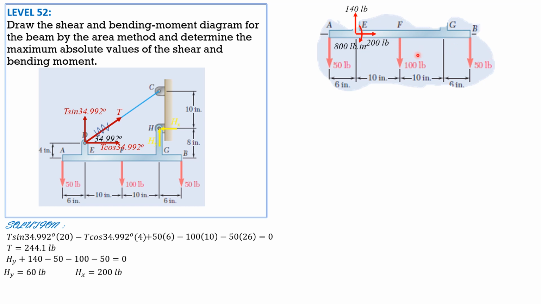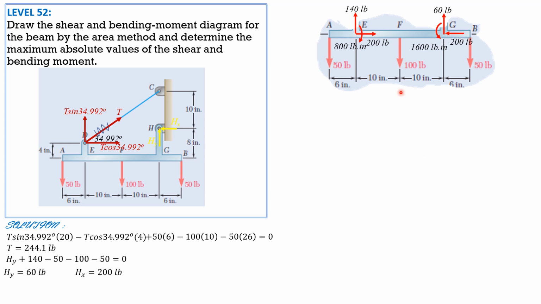Summation forces X. So let's transmit these components. So we have 60 pounds, then 200 pounds to the left. Then the moment due to Hx about G, we transmit it to G, is Hx times 8, 200 times 8, so 1,600 pound-inch counterclockwise as shown.